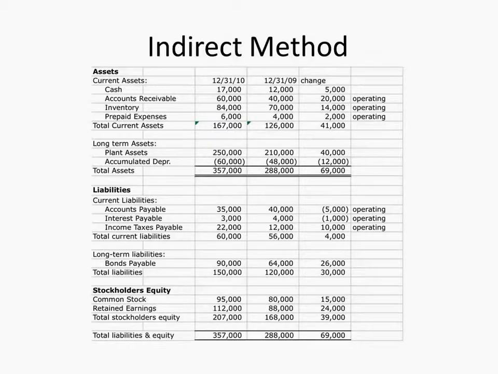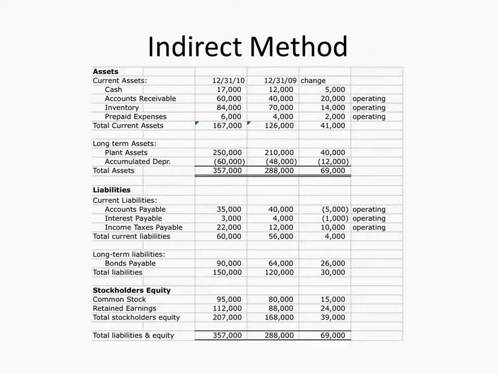Which section? Operating. Inventory, the change is 14,000. Also operating because it's a current asset. We're looking at changes year over year in our accounts. Prepaid expenses went up by 2,000. Operating.